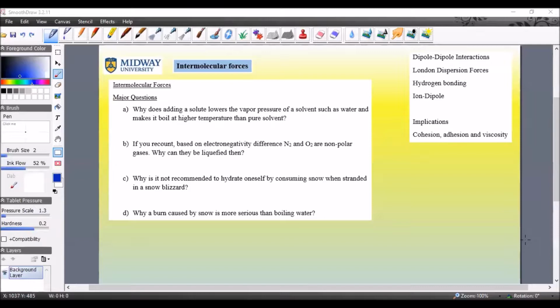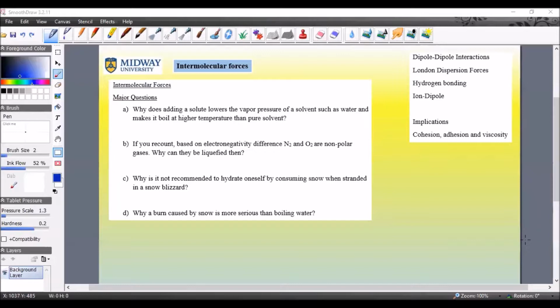You can have nitrogen as a gas or as a liquid. So is oxygen, which can be a gas or liquid. In fact, liquid oxygen looks beautiful, unlike liquid nitrogen, which has a foggy appearance to it. Oxygen, on the other hand, is beautiful. It's got that light blue color tinge to it. So why can they be liquefied?